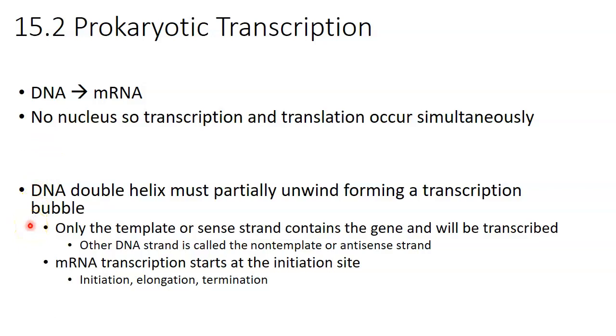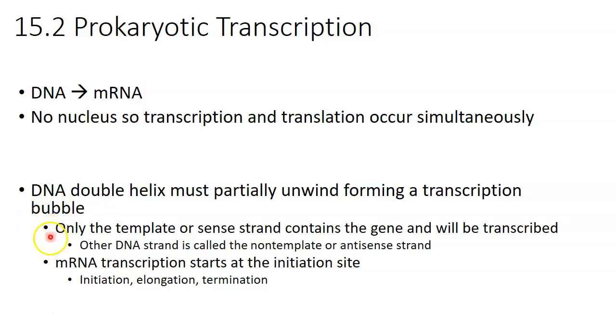So the first step in transcription is going to be the unwinding and unzipping of the DNA right at the gene. And what do we form here? We form a transcription bubble. If you remember back to chapter 14, when we were talking about DNA replication, we said the DNA was unwound and unzipped, and we formed a replication bubble. It's the same idea here, except now you have a transcription bubble.